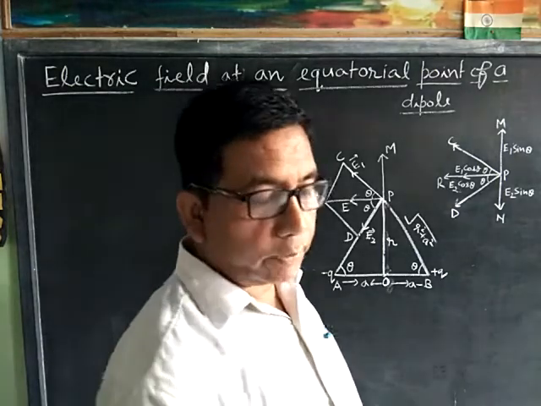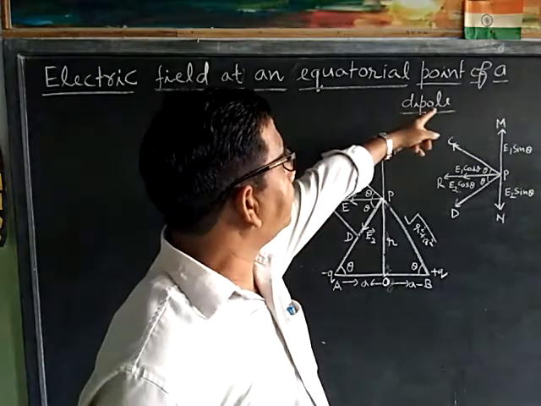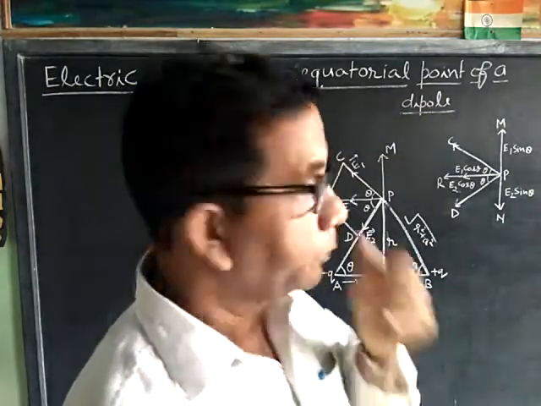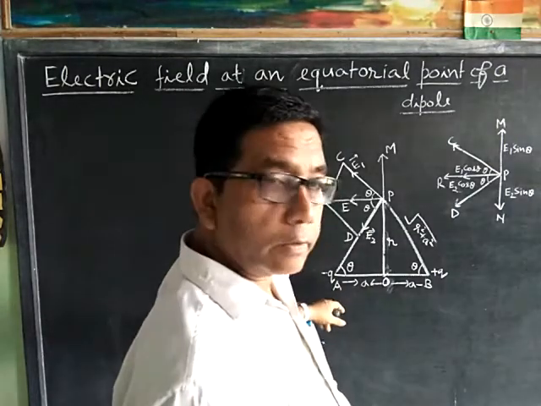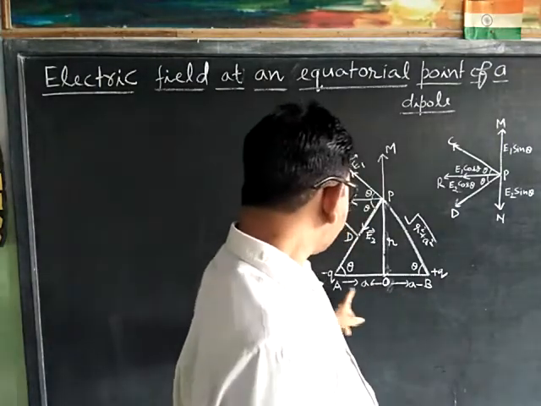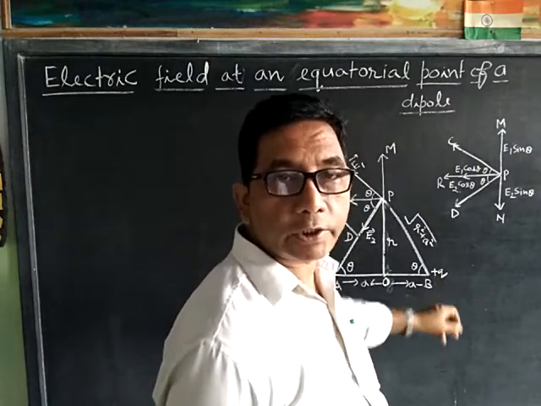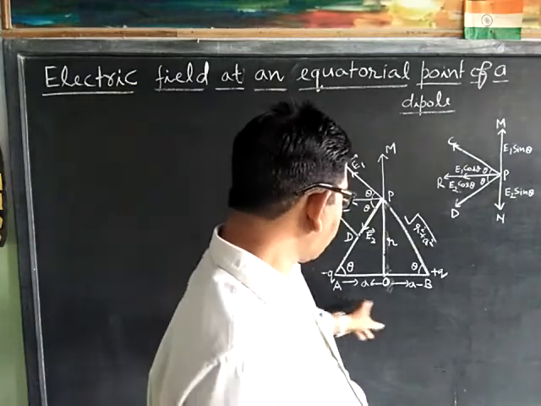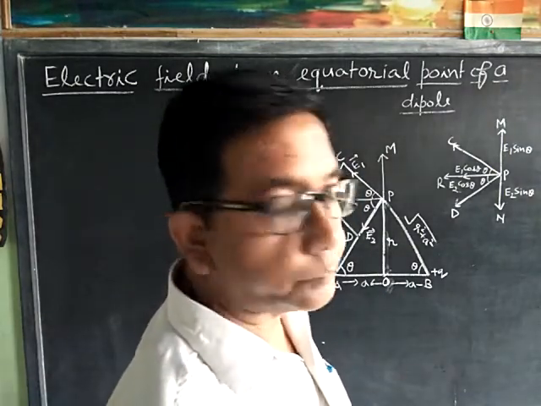Now we will explain electric field at an equatorial point of a dipole. For this, consider an electric dipole AB consisting of minus q and plus q charge separated by distance 2a, placed in vacuum.